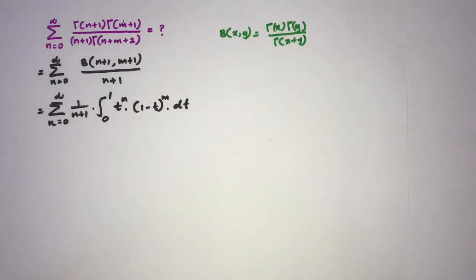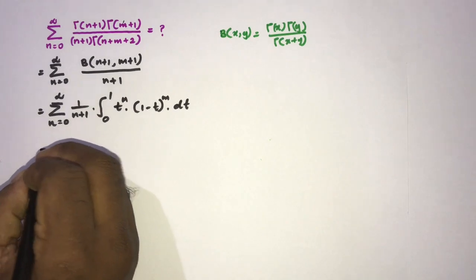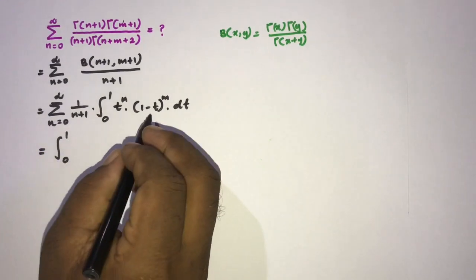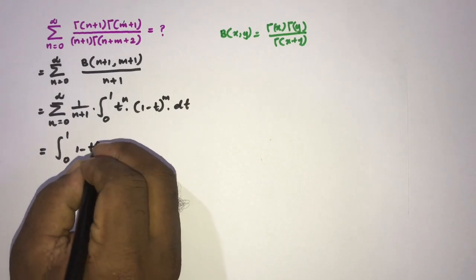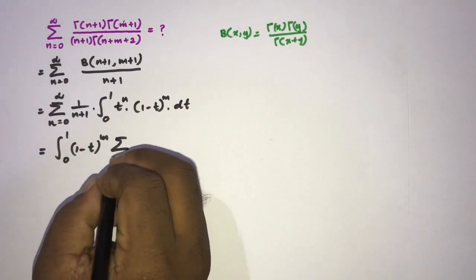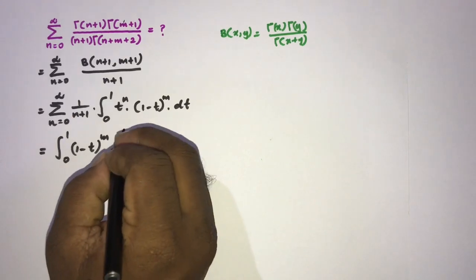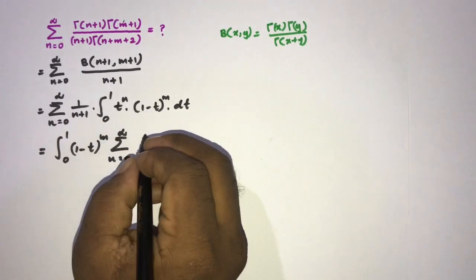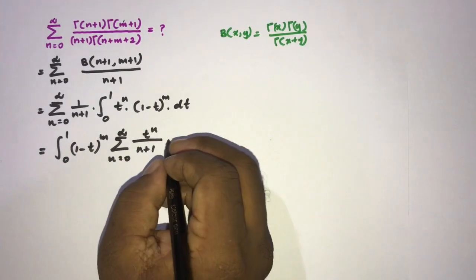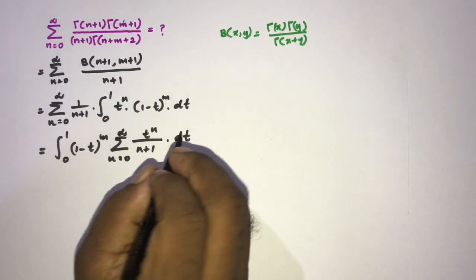Then we can switch the sigma notation and the integral sign. So we can write the integral from 0 to 1 of (1 minus t) raised to the m power, times the sum from 0 to infinity of t to the n over n plus 1, dt.